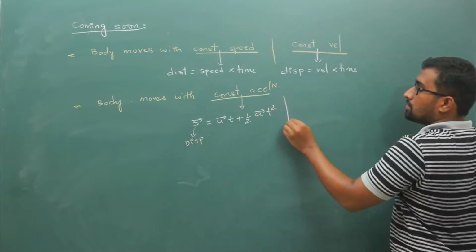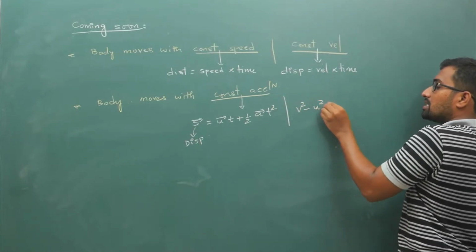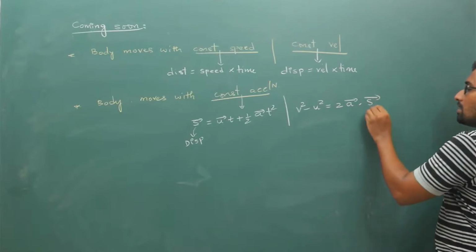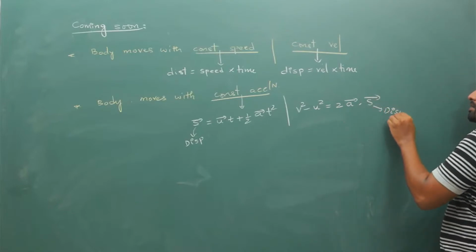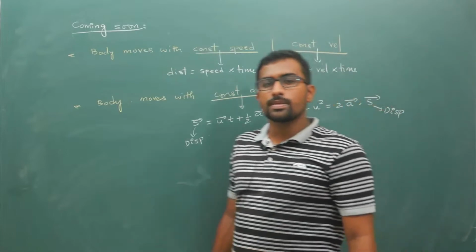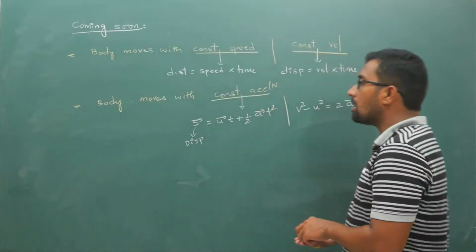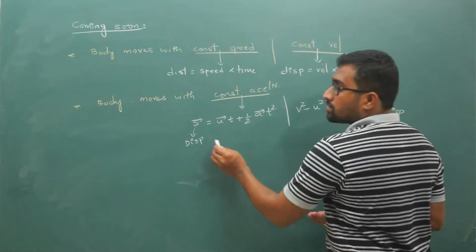You can also use V square minus U square is equal to 2 times A bar dot S bar, which also gives displacement. Which equation to use depends upon whatever is given in the question.